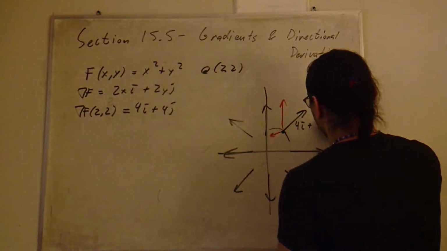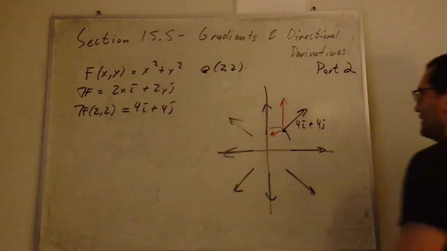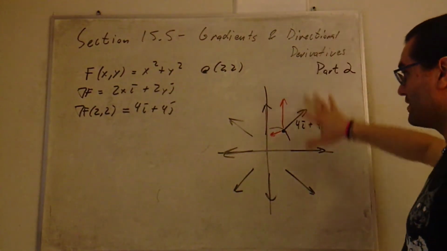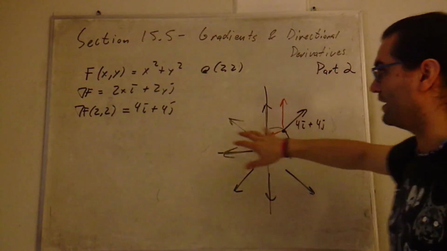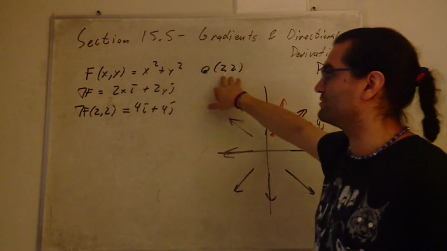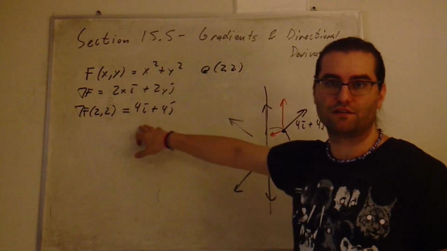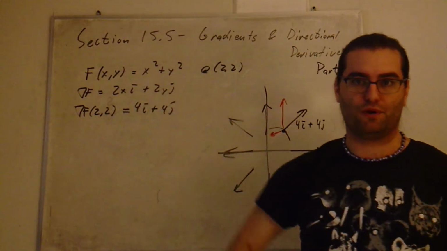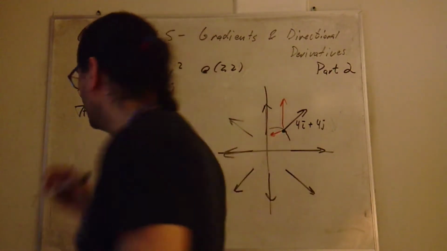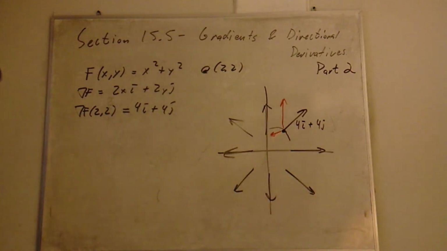This is 4i + 4j. And you can always find these specific gradient vectors by getting your gradient function, plugging in the point you're interested in, and that will give you the gradient vector at that point. So that's a pretty small step. Nothing mind-boggling has happened there.